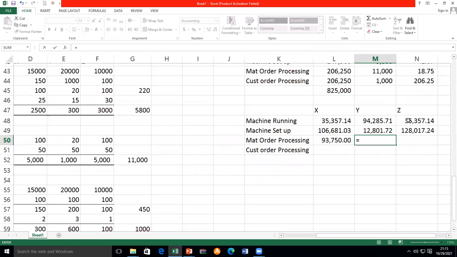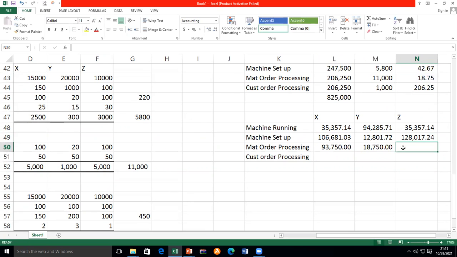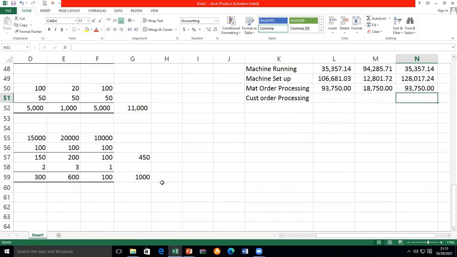Again, pick that, multiply by that. Then again, you pick that and you multiply by that.